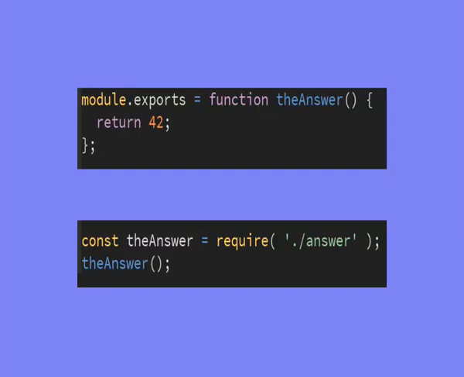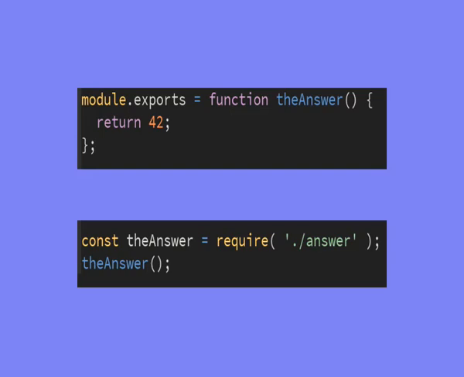So a basic Node.js module basically uses this kind of AMD pattern, automatic module description, which allows you to export a function. In this case, we use module.exports. This basically says this module will provide this interface.